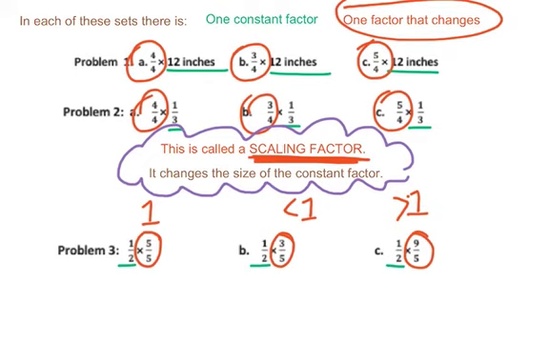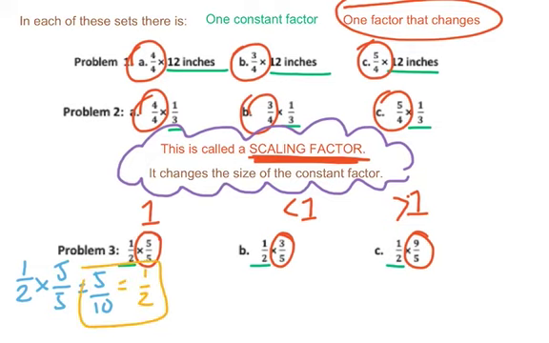Okay, so 1/2 times 5/5 is equal to 5/10, which is equal to 1/2. Next we have 1/2 times 3/5. That's equal to 3/10. 3/10 is less than 1/2 because 1/2 would also be 5/10.